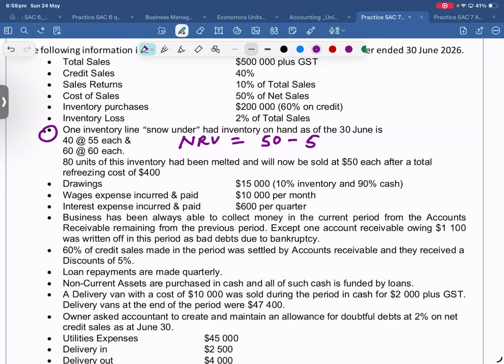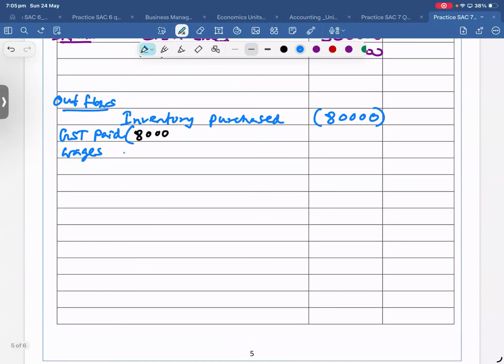Also, 30,000 for 3 months. And at the same time, I'll record interest as well. Interest is 600 per quarter.